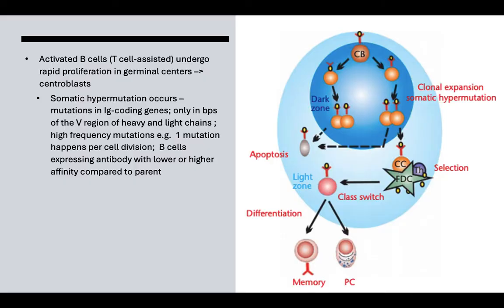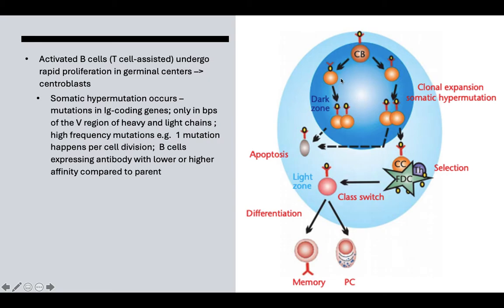Now, let's review the events of affinity maturation. Activated B cells, those that are T cell assisted, specifically for thymus-dependent antigens, will undergo rapid proliferation in the germinal centers. And they assume a state of what we call clonally expanding state. They really divide.